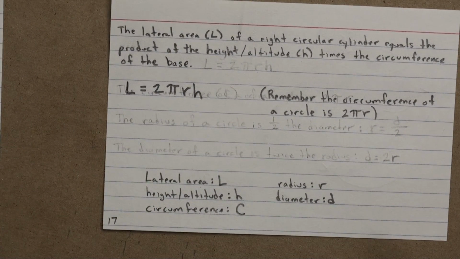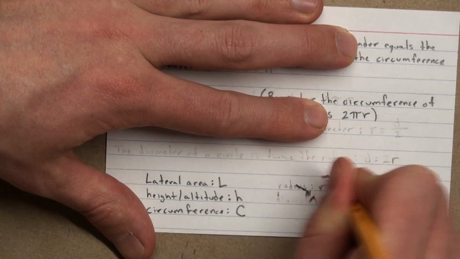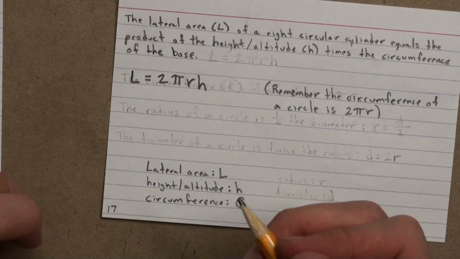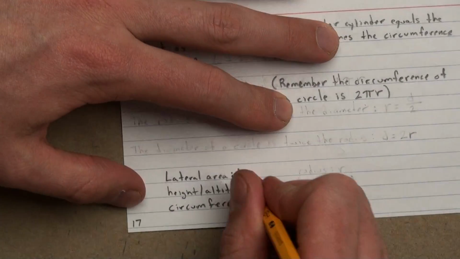Okay, and let's see. We can erase this diameter part down here and this radius part right here. Actually, let's just erase those.